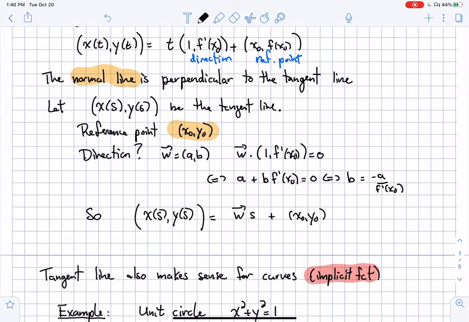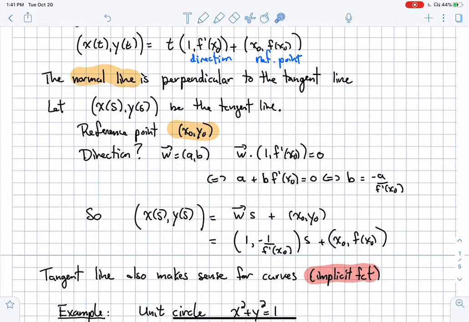Let's write it. If I parameterize my normal line by s, the direction is, I choose a equal to 1 if you wish, and then minus 1 divided by m. You must have done this several times in Calc 1. That's where it comes from: it's because I want the dot product to be 0, times s plus (x0, f(x0)).